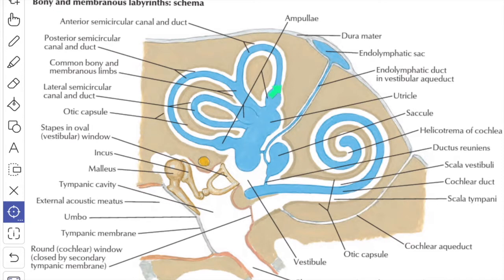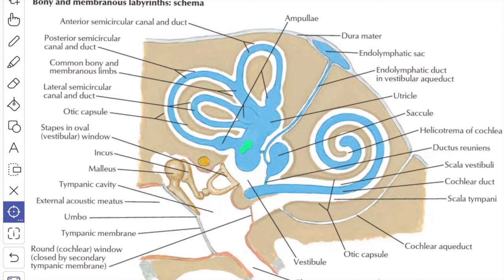The semicircular ducts open into the utricle, which joins with the saccule by a Y-shaped utriculo-saccular duct, and the saccule in turn communicates in front with the cochlear duct through the ductus reuniens. So this is called the ductus reuniens.